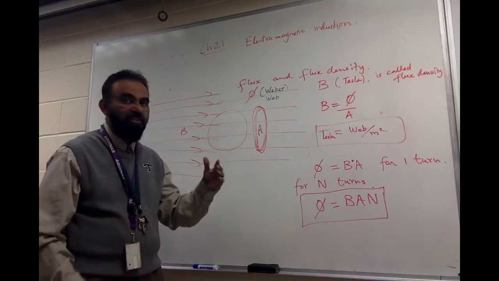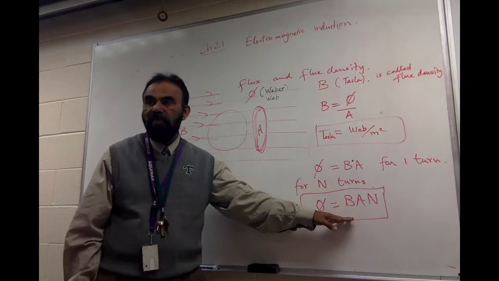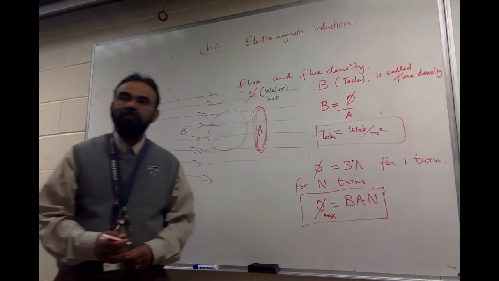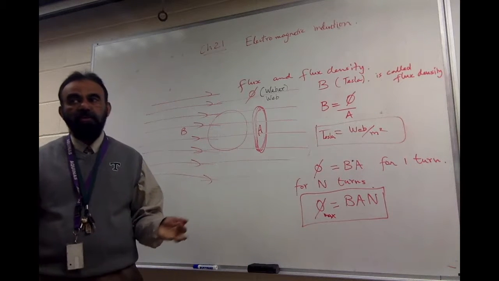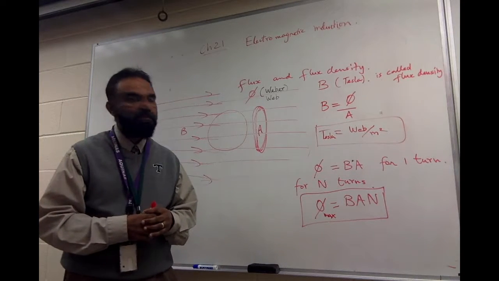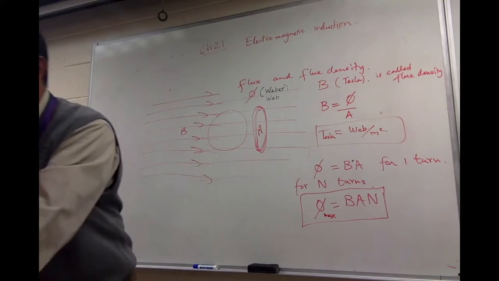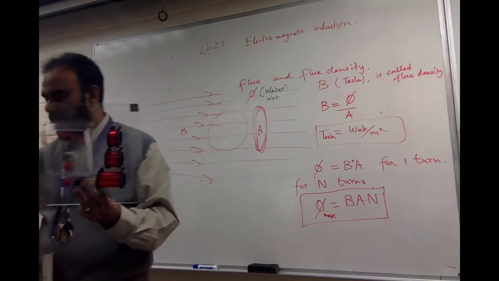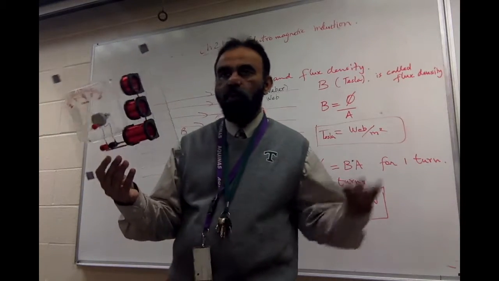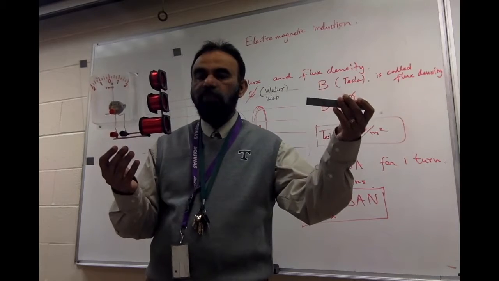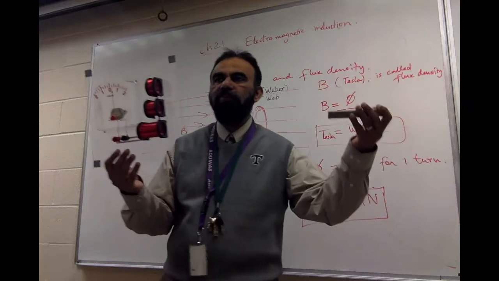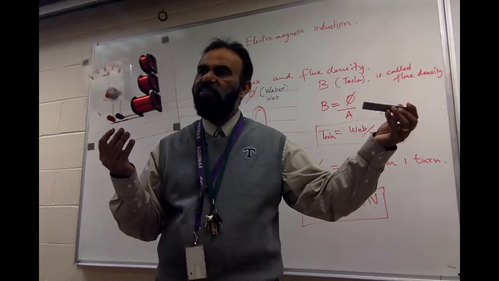So the flux can actually change from a maximum of BAN to 0, which is the minimum flux. So what was happening when I moved this magnet? When I'm far away, the flux density over here is less, so the flux is also less.